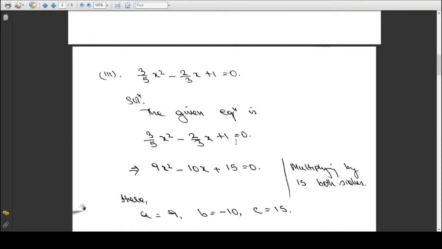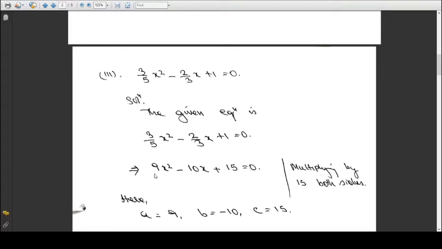If you multiply by 15, 5 cancels with 15, you get 3, and 3 times 3 is 9, that means 9x squared. Now here also, 3 in the denominator with 15 gives 5, then 5 multiplied with 2 is 10, and 1 multiplied by 15 you will get 15.